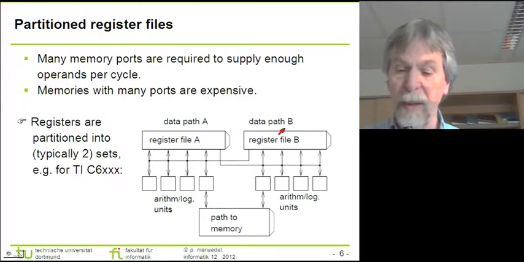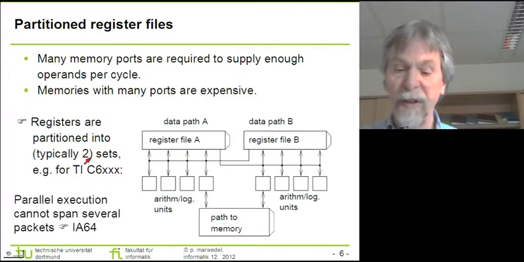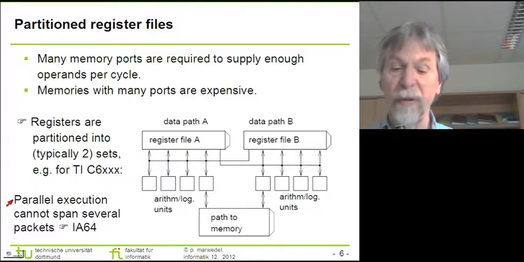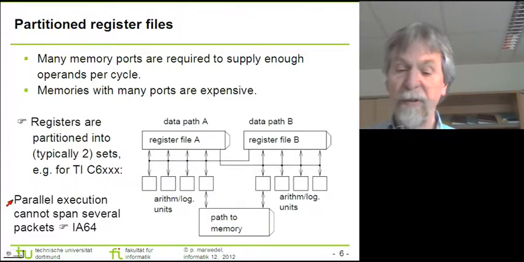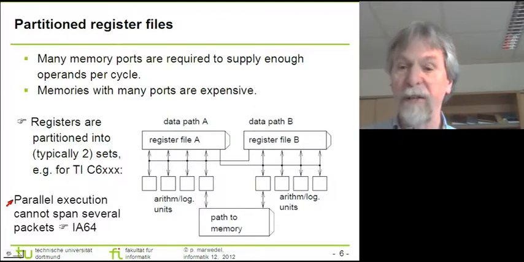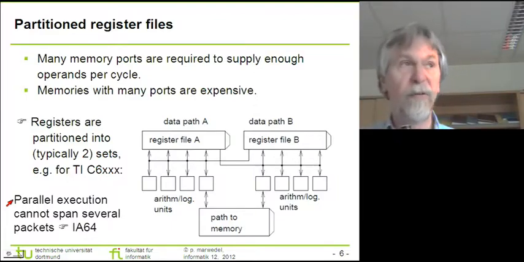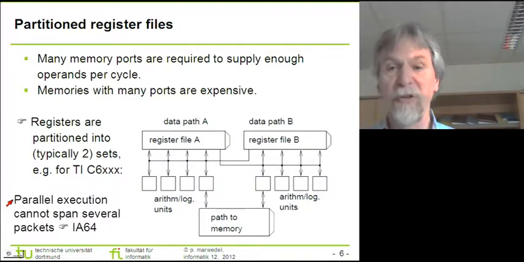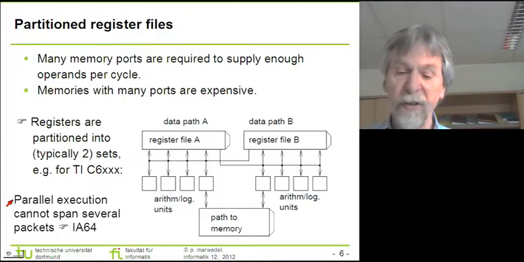For this C6000 architecture, we still have one restriction, and this is the restriction that parallel execution cannot span several packets. So if we had, say, a very large number of functional units in our architecture, we would possibly like to have 10 or 12 operations to be performed in parallel, and this does not work with the C6000.